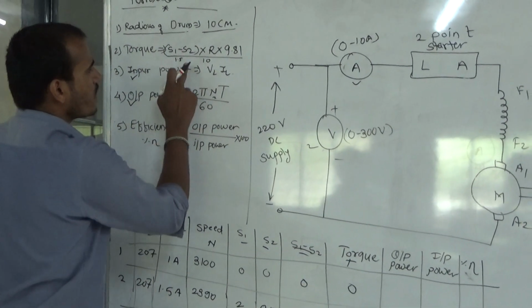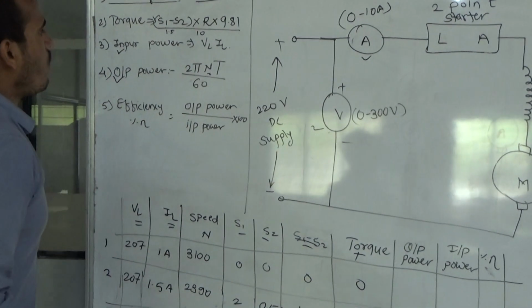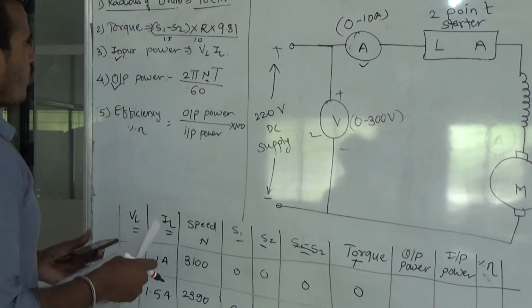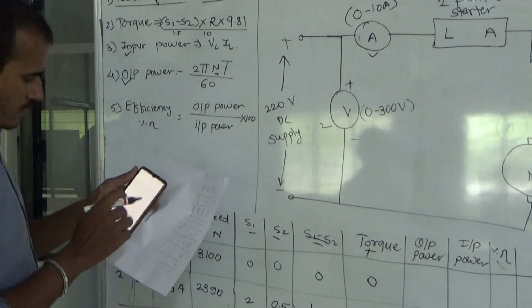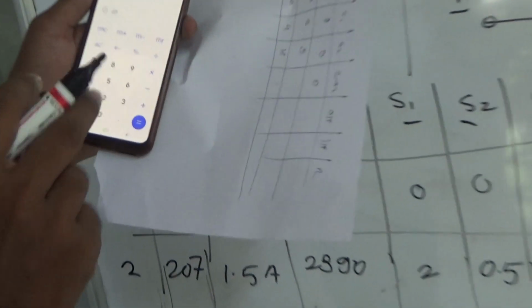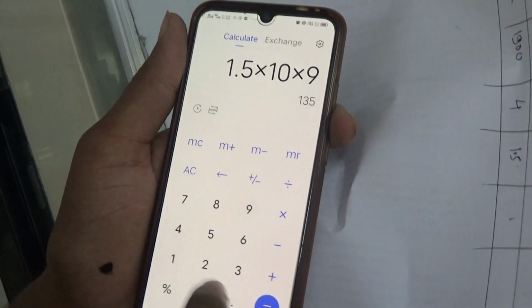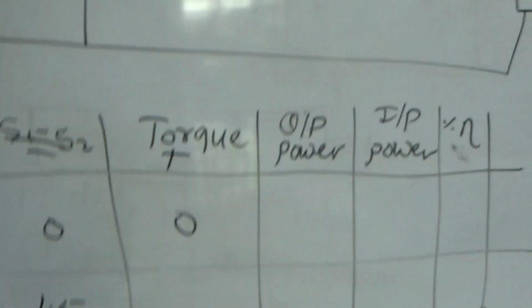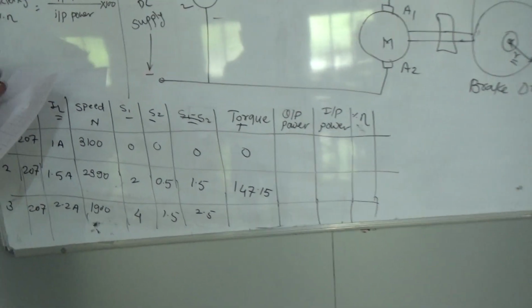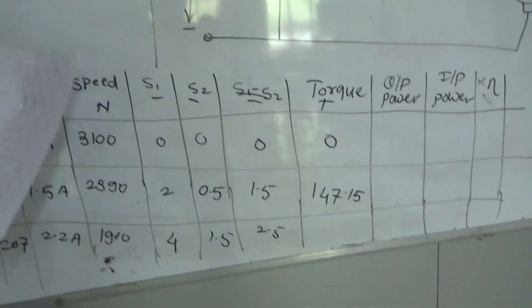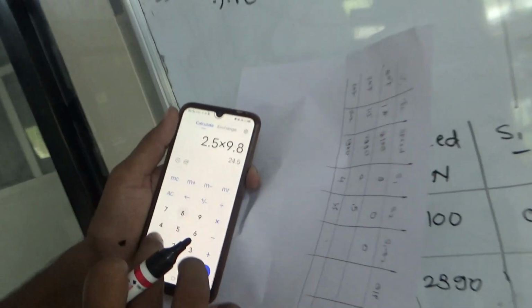So we will make the calculation 1.5 into 10 into 9.81, which is 147.15, that will be my torque, 147.15.